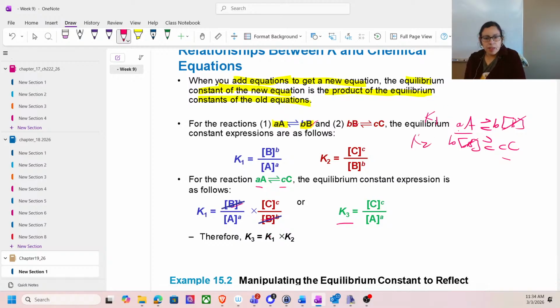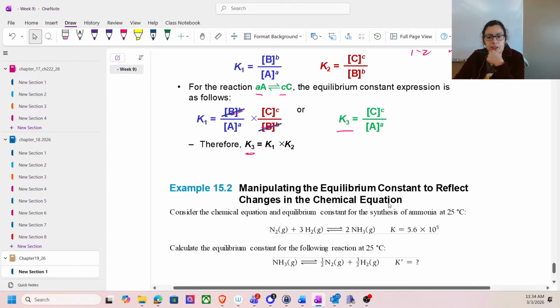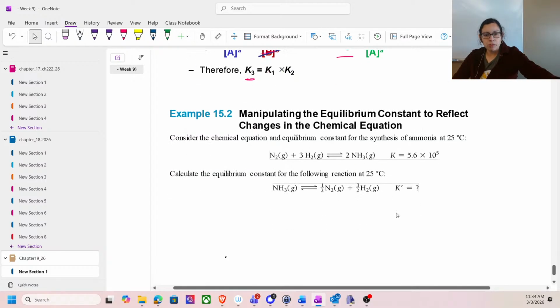So all we're saying is we can figure out K3 by multiplying the numbers of K1 times K2. I don't know if that helped. Yeah, or without being given K3. So I think if you see it, let's start with this simpler one for now.